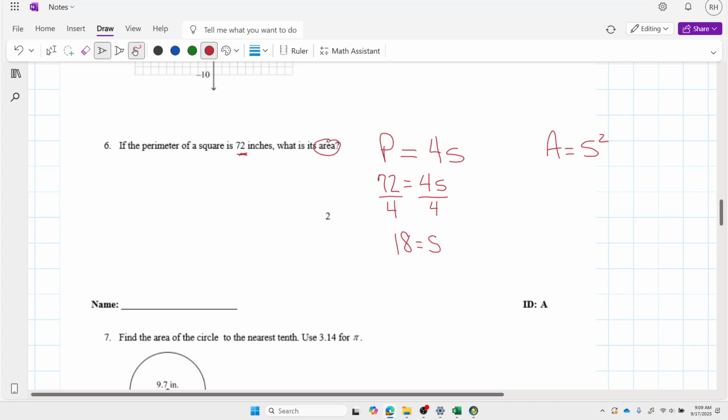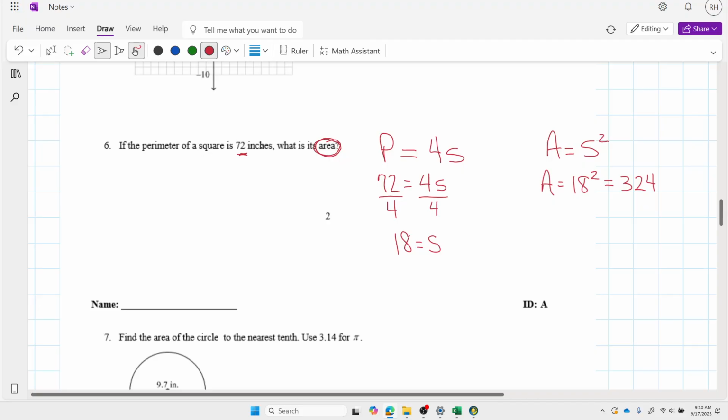And now you need the area. So we're going to substitute. Area is equal to 18 squared. And 18 squared is 324.